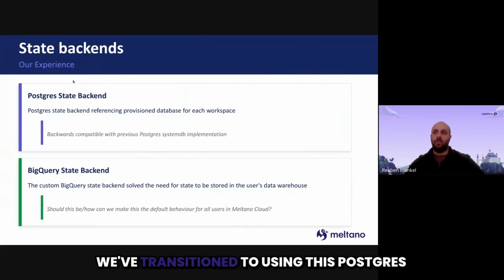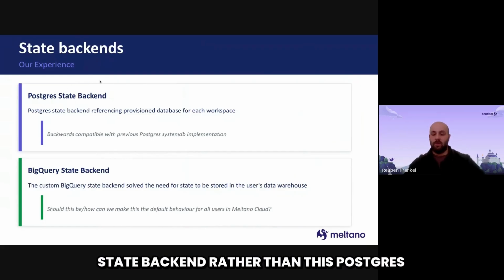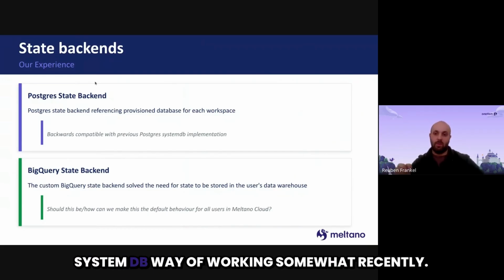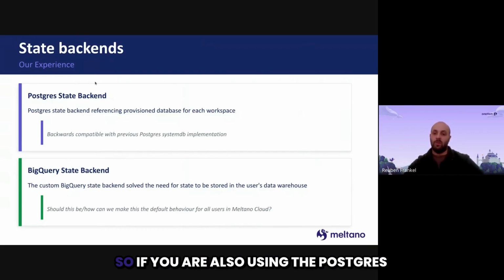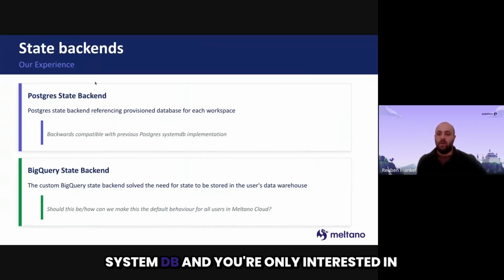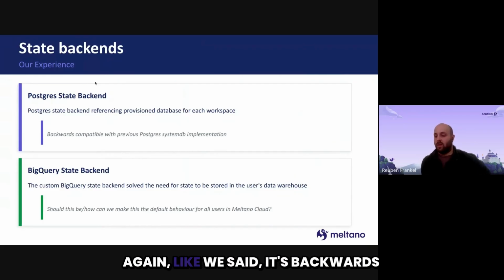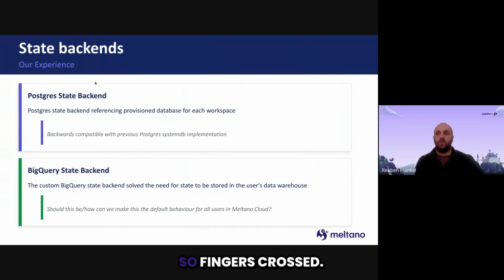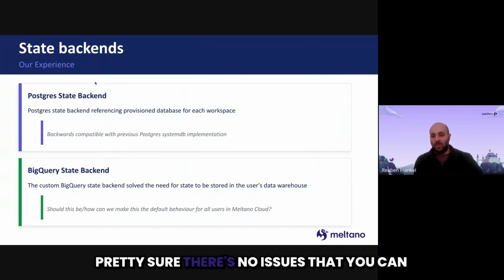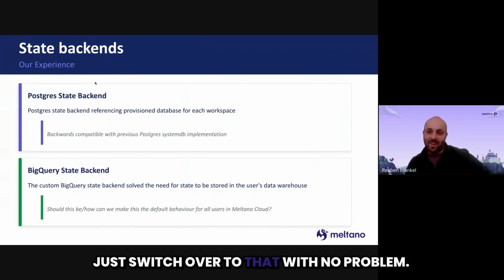We've transitioned to using this Postgres state backend rather than the Postgres system DB way of working somewhat recently. So if you are also using the Postgres system DB and you're only interested in state, it might be worth exploring the Postgres state backend and potentially transitioning to that. Again, like we said, it's backwards compatible. So fingers crossed, pretty sure there are no issues and you can just switch over to that with no problem.